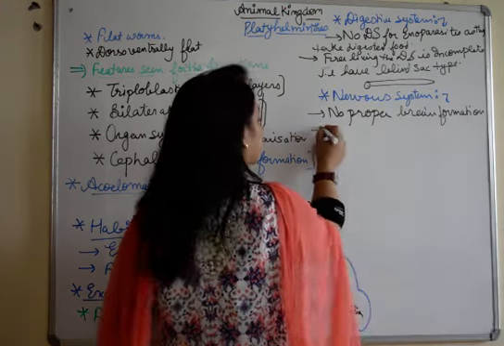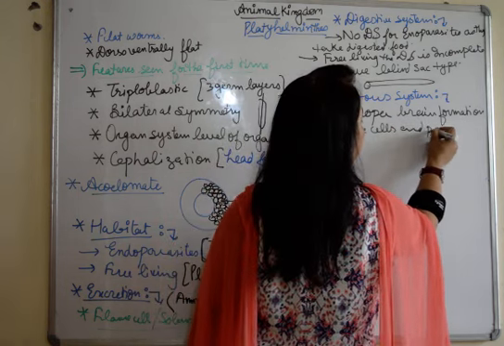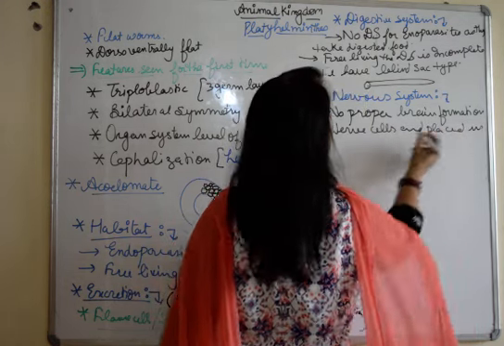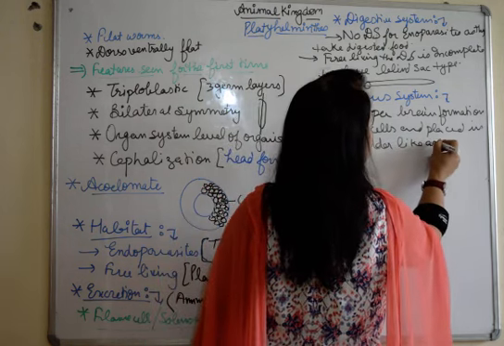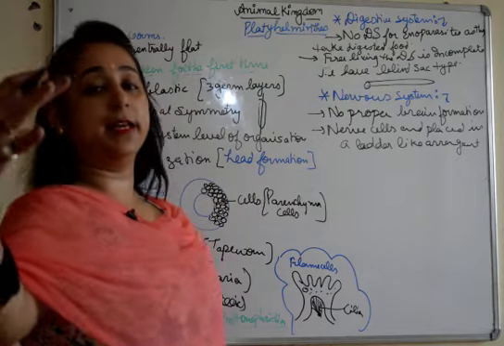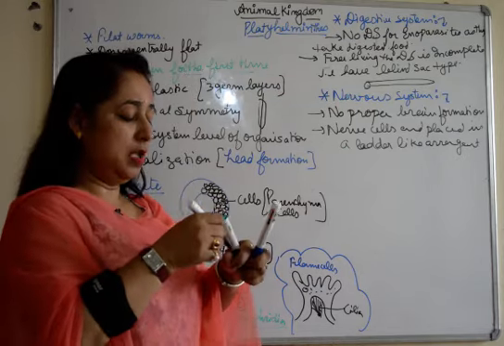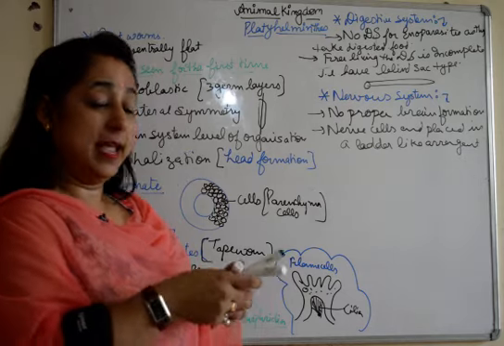The nerve cells are placed in a ladder-like arrangement, scattered in the body of the platyhelminths.